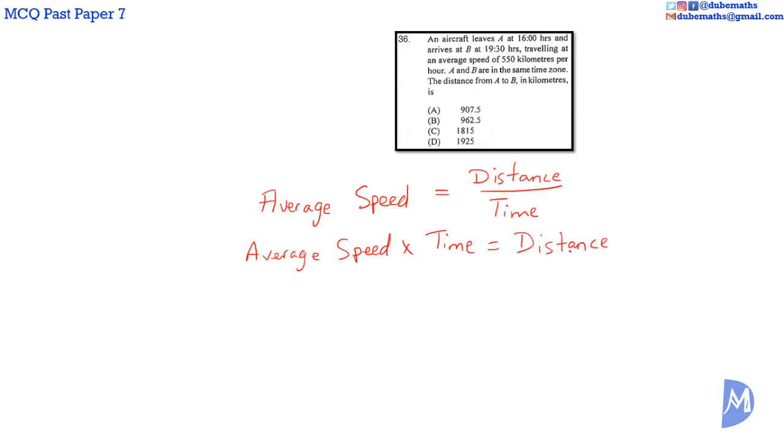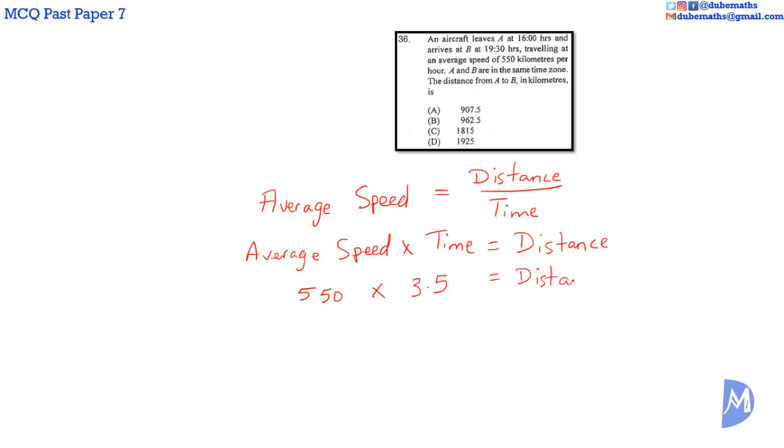So we have distance is equal to average speed multiplied by time. The average speed is given at 550 kilometers per hour. And the time is equal to the difference between 1930 hours and 1600 hours, which is 3 hours and 30 minutes. 3 hours and 30 minutes is the same as 3 and a half hours. 3.5 is equal to the distance.